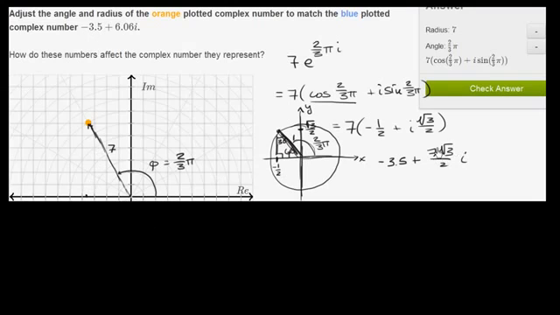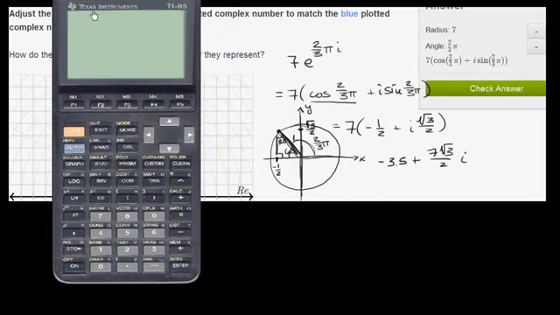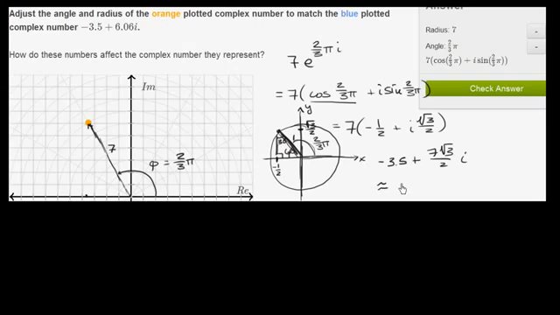And I'll just get a calculator out to evaluate this and see if it is roughly 6.06. So we get my trusty TI-85 out. And I want to evaluate 7 times the square root of 3, and then that divided by 2 is indeed 6.06 if we round to the nearest hundredths. So this is approximately equal to negative 3.5 plus 6.06i, which is exactly the complex number that we started with.